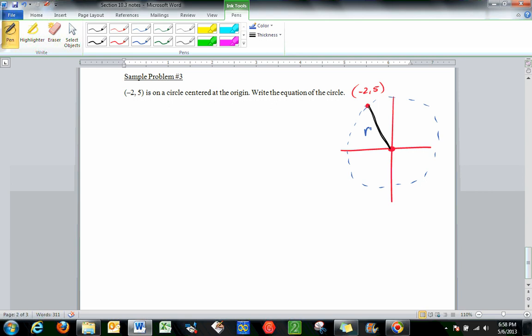So the first thing I need to do is take those 2 points and use the distance formula to create the radius. So the radius is going to be the square root of -2 minus 0 squared plus 5 minus 0 squared.